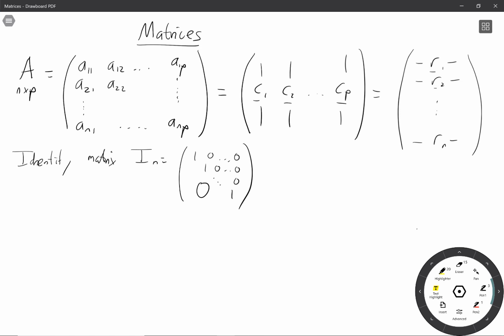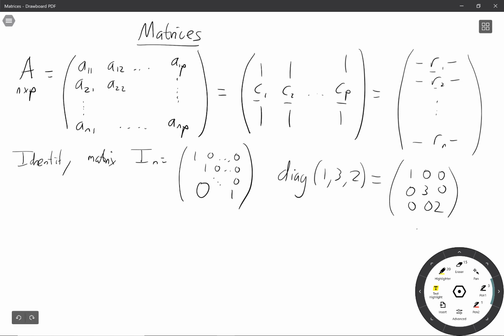The other thing that might be useful is the diagonal matrix where we specify the diagonals. So we might say things like diag(1, 3, 2), say. So that is a 3 by 3 matrix which has 1, 3, 2 on the diagonal and 0 off diagonal.